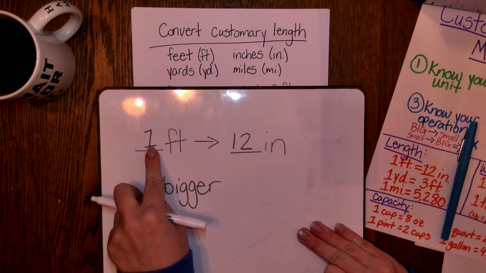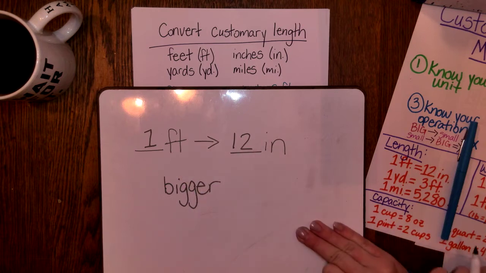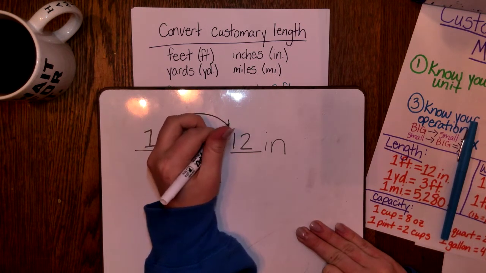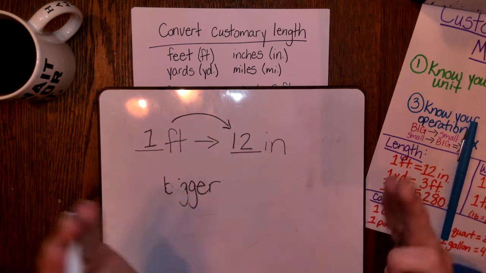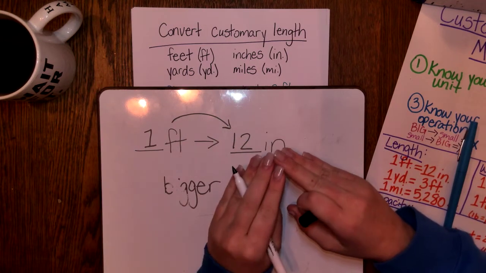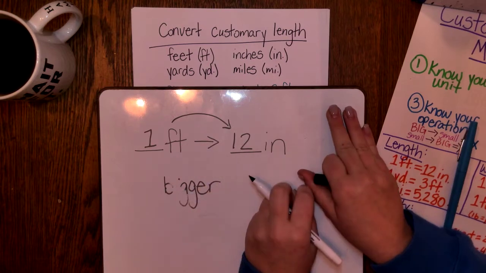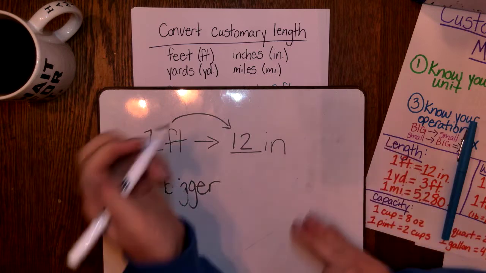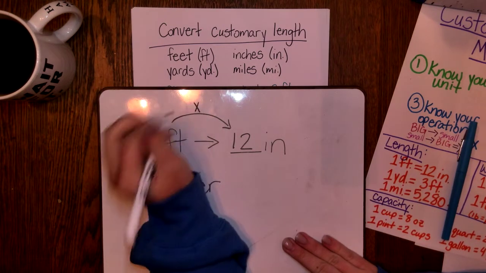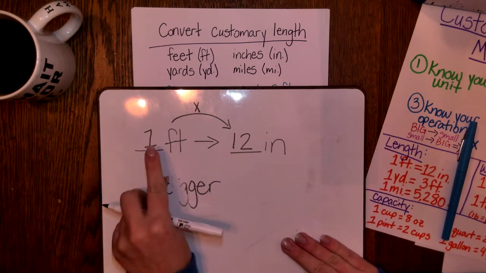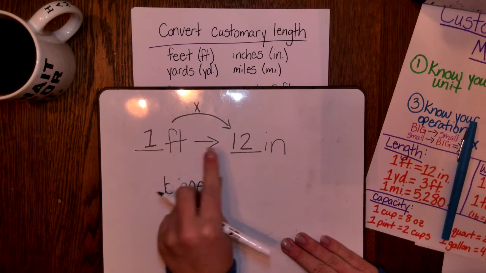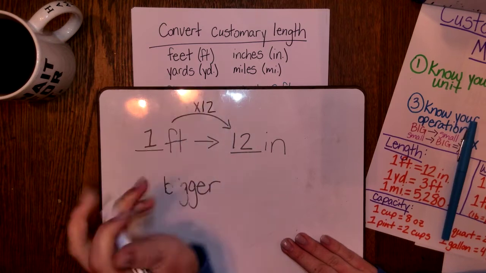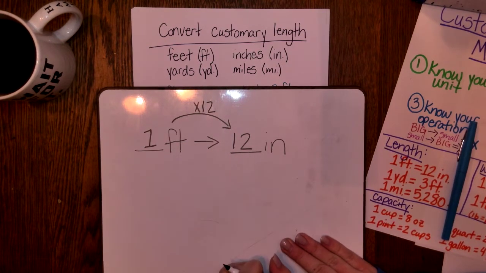How do I go from 1 to 12? To go from 1 to 12, I get bigger. When we are dealing with whole numbers and we want our whole numbers to get bigger, we multiply. And when we get bigger from 1 to 12, we multiply by 12.